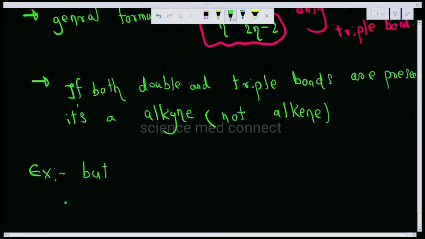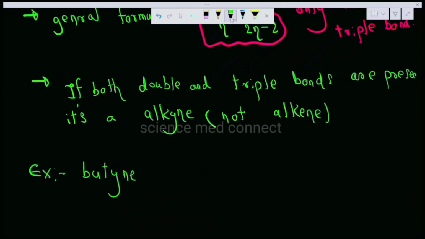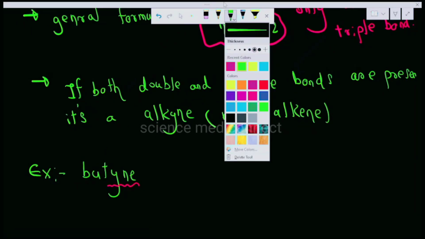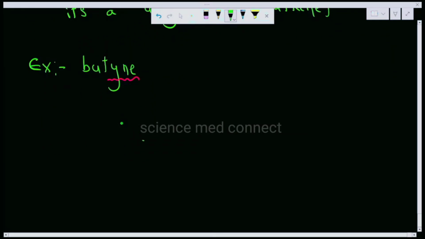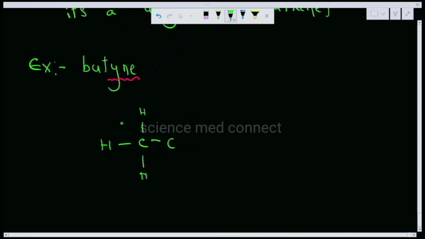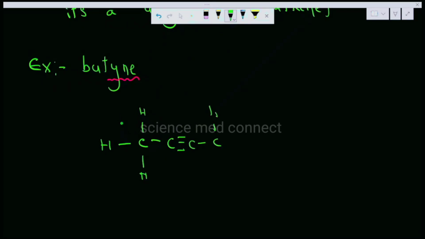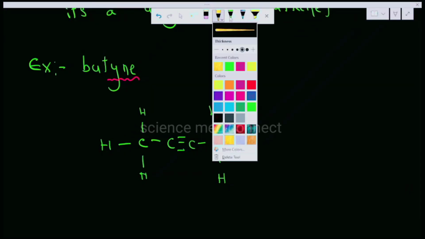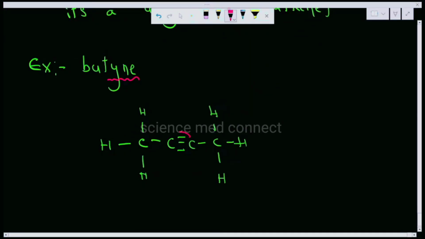Now let's see an example for alkyne. Butyne contains 4 carbon atoms. So you can see there is a triple bond between second and third carbon atom.